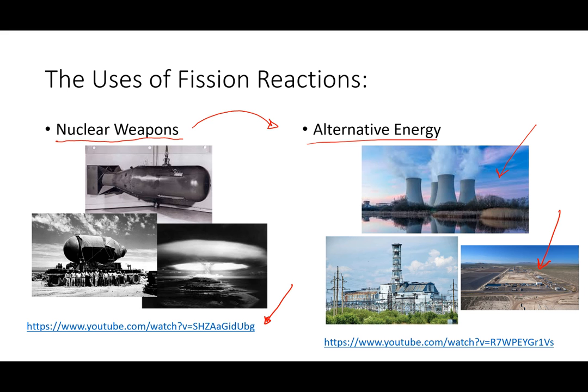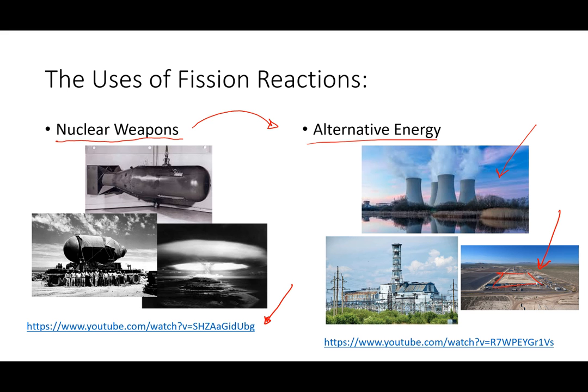And this is actually a picture of Tooele, Utah, right? Our backdoor neighbor here. This is Energy Solutions, and they are in charge of using these large facilities to store the waste products of nuclear fission reactions from these power plants.